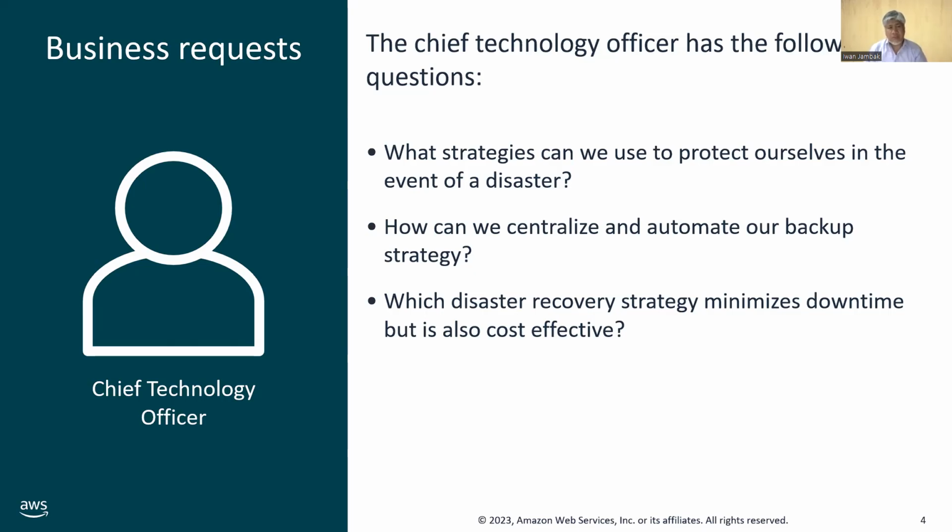How can we centralize and automate our backup strategy? Here we will do the backup and then use a strategy to optimize our backup. And the last question is, which disaster recovery strategy minimizes the downtime, but is also cost effective?